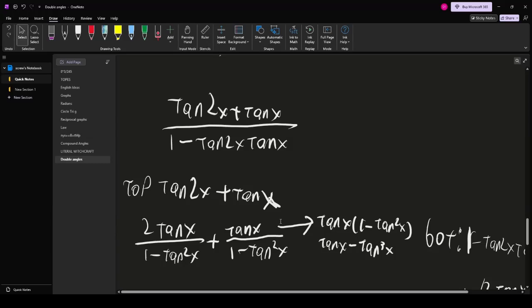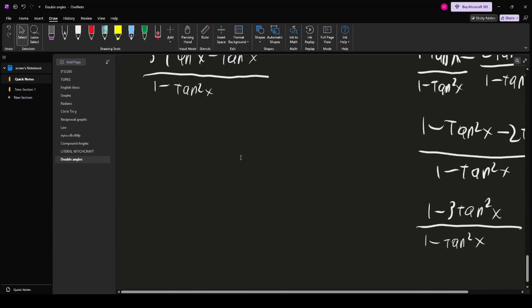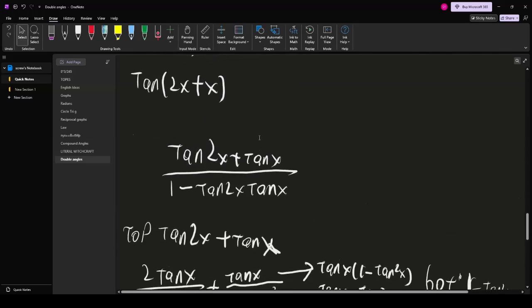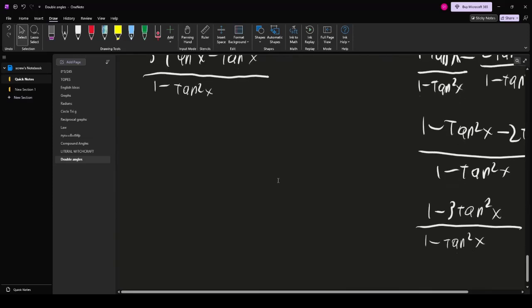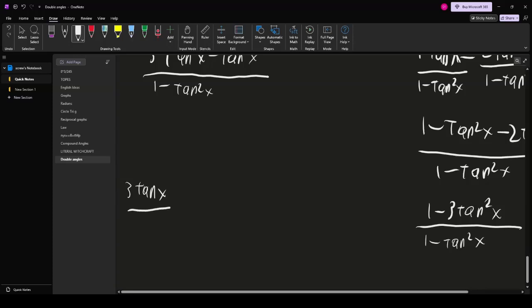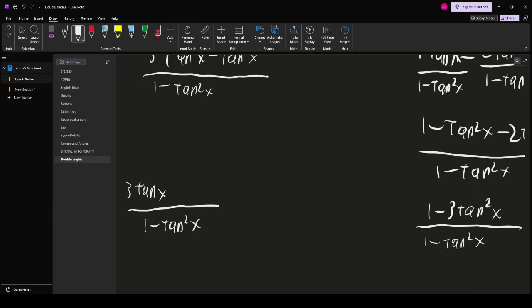But anyway, so now we have the top and bottom, right? And because this original thing is a division question, we're just going to set it up as a division question instead of in fraction form, because that's really messy.